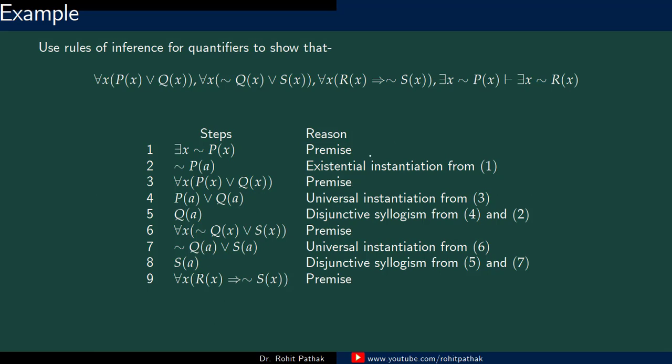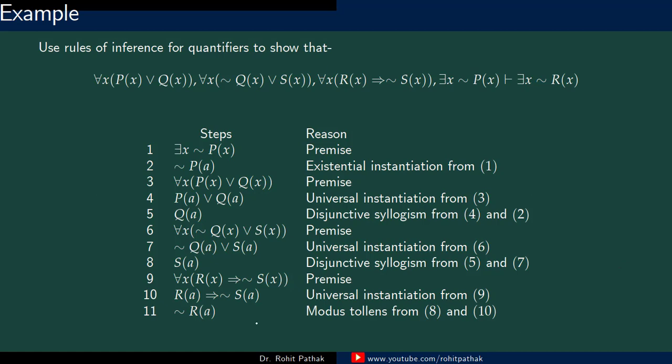And finally the next premise, which is this: for all x, rx implies negation sx, again using universal instantiation, so that this premise is true for a particular a. Because this is true for all x, we can take any a from the domain. So in particular this is also true for the particular a which we have already taken.